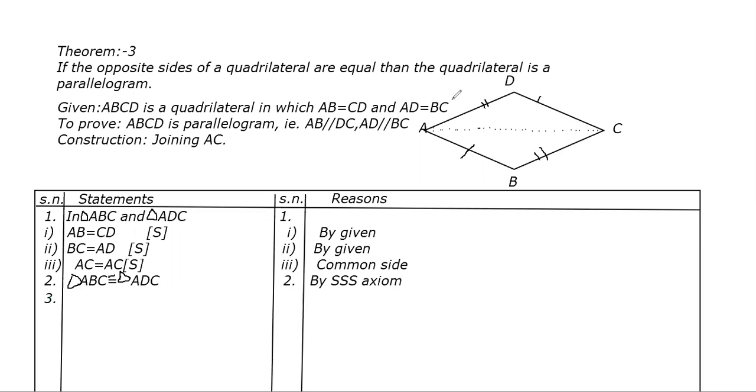Since these two triangles are congruent, this angle and this angle are equal. Similarly, corresponding angles are equal. If alternate angles are equal, then they are parallel.